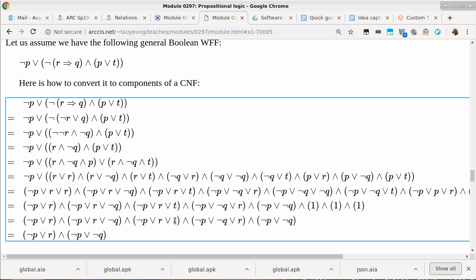So what is the bottom line? So we are now focusing on the final expression. The bottom line is we started off with something that is kind of general, with nested operators and whatnot, and we ended up with a CNF. Does the line before that still count as a CNF?